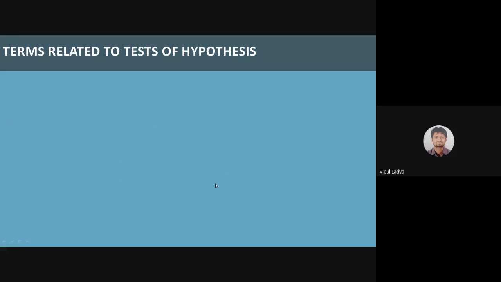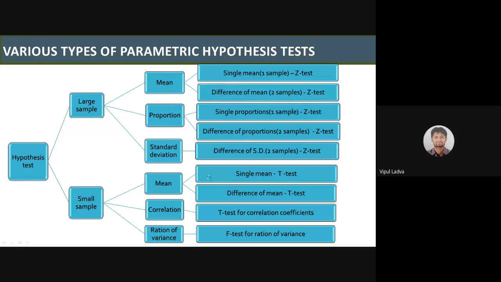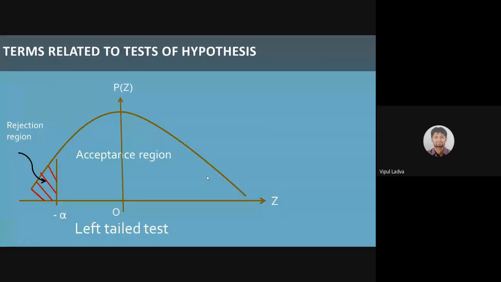This is for the two tail test. Suppose I'm dealing with the single tail test. तो acceptance area और rejection area एक ही side मिलेगा. देखिए, this will be my area of rejection, and this will be my area of acceptance. This is for the right tail test. Similarly, I can represent the left tail test. Is it good? So hopefully this is clear to all of you.